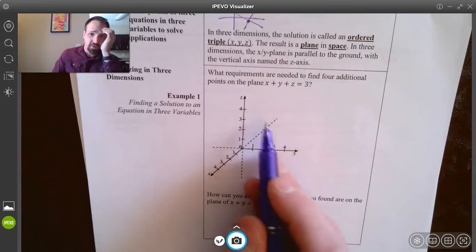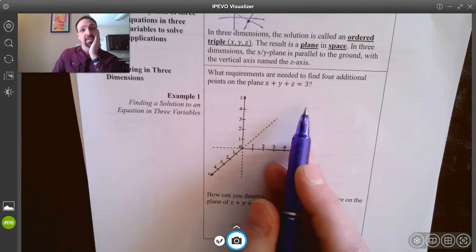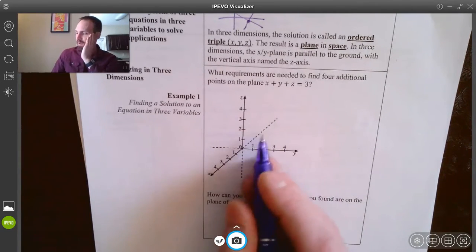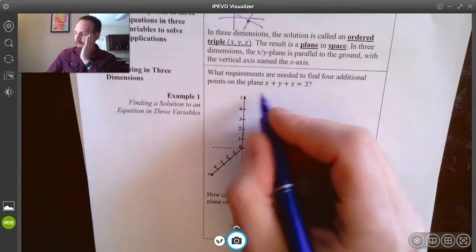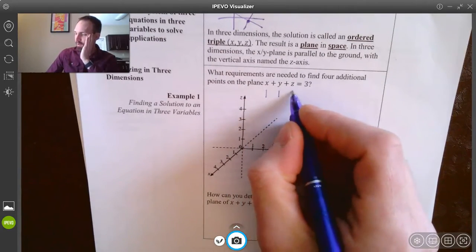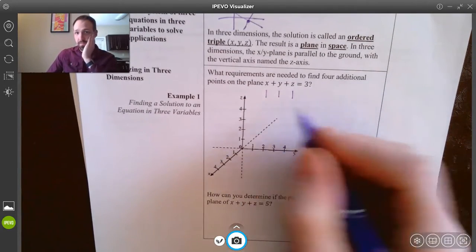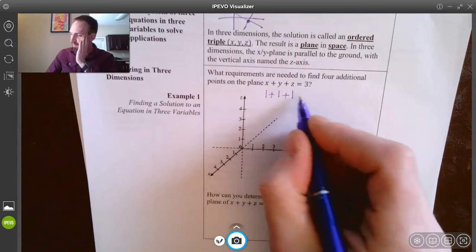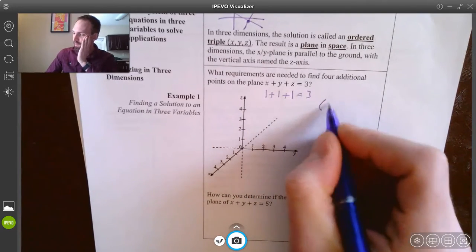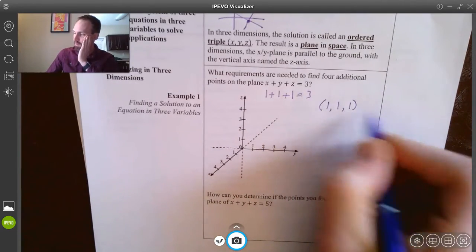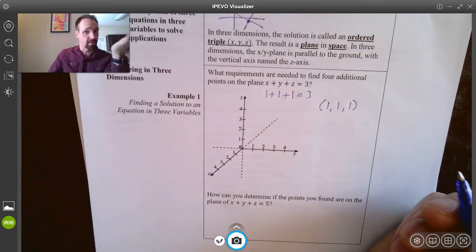So we need to find 4 additional points on this plane. So we want it to equal 3. So if I think about this particular type of problem, I can go 1 out, and 1 out, and that would equal 3. So if I have this as an example, this would be the ordered triple 1, 1, 1. That would make this true.